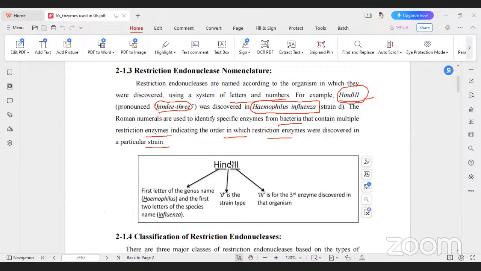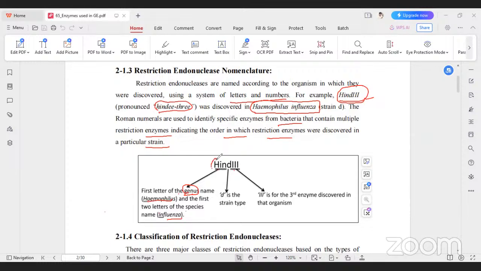Here, for example, HindIII: the first letter H represents the genus name Haemophilus, H for Haemophilus. The first two letters of the species name, influenzae, IN for influenzae.